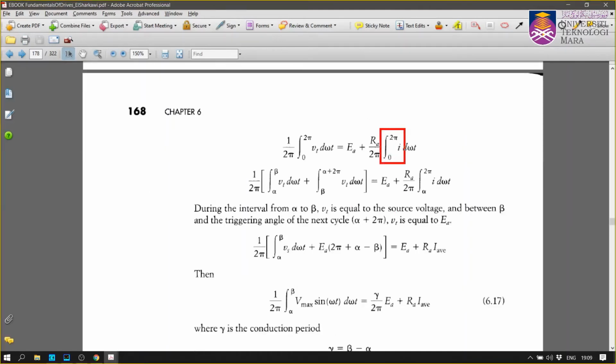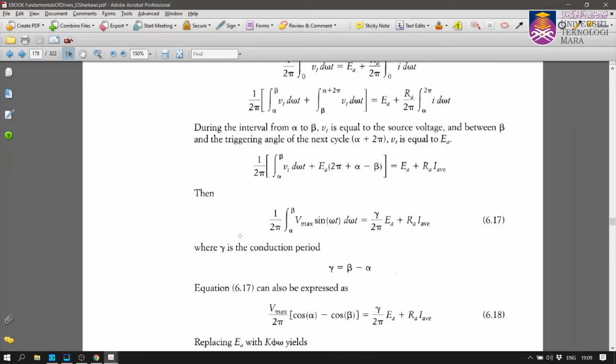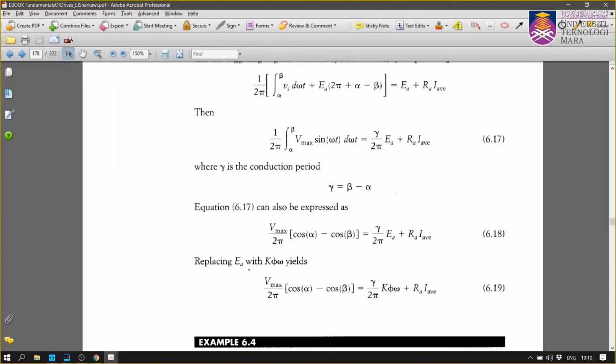Simple, and the average current there just changed to IAV. Or if you cross multiply everything, then you have all this gone. RA over 2 pi. Okay. Right, and finally you have this equation.